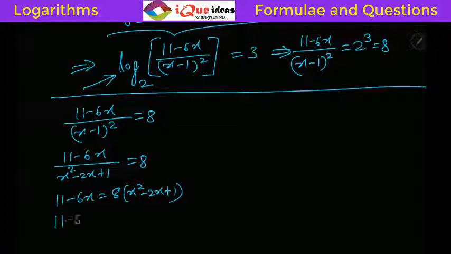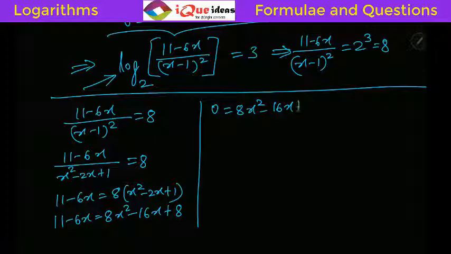Open it, it will be 11 minus 6x is equal to 8x square minus 16x plus 8. Let's bring all of them on the other side. So 0 is equal to 8x square minus 16x plus 8 minus 11 plus 6x. So finally we have 8x square minus 16x plus 6x, that is minus 10x, and plus 8 minus 11, that is minus 3, that is equal to 0.